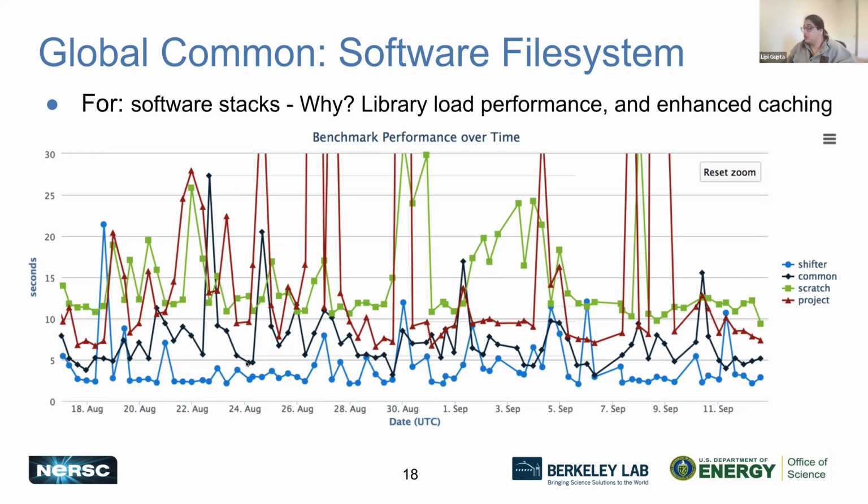But then the second fastest, if you're not using a container, is what's called common, which is this global common software. And then let's see here. It's actually interesting because a lot of the time it's showing that project is faster, but that might be just for reading the software, which is why we recommend reading and writing data to Scratch, but reading and writing your software from global common software.